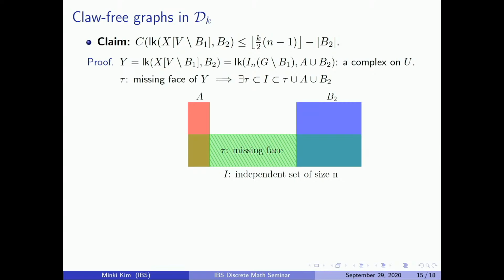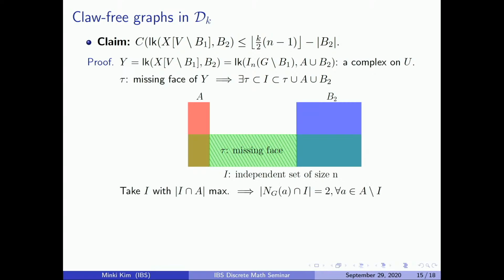Then this is a missing face because there is some independent set of size n that contains tau and is contained in tau union A union B2, because we are looking at the link of A union B2. So we have this independent set of size n, and this middle part is a missing face.